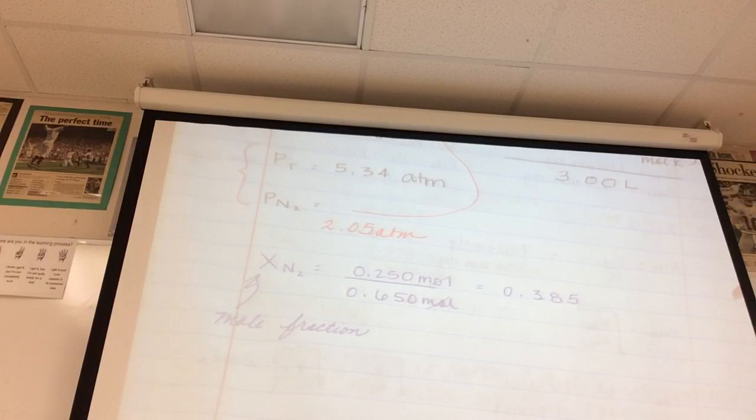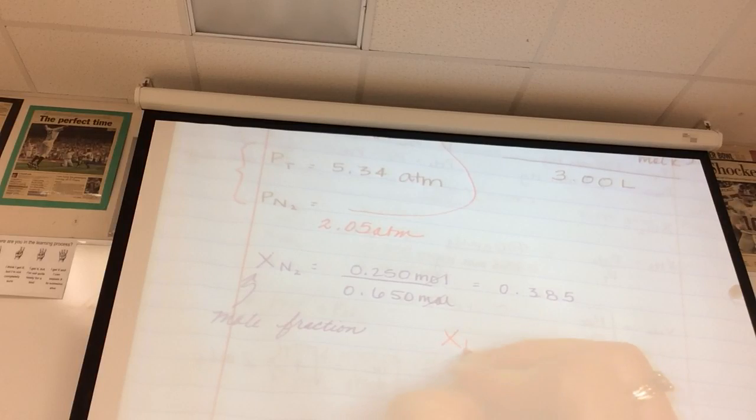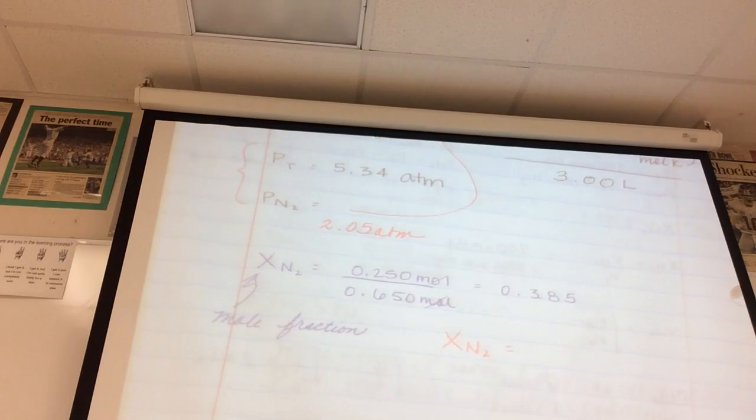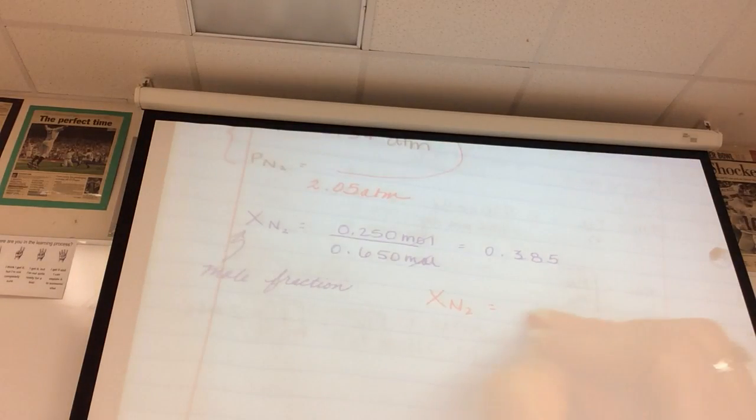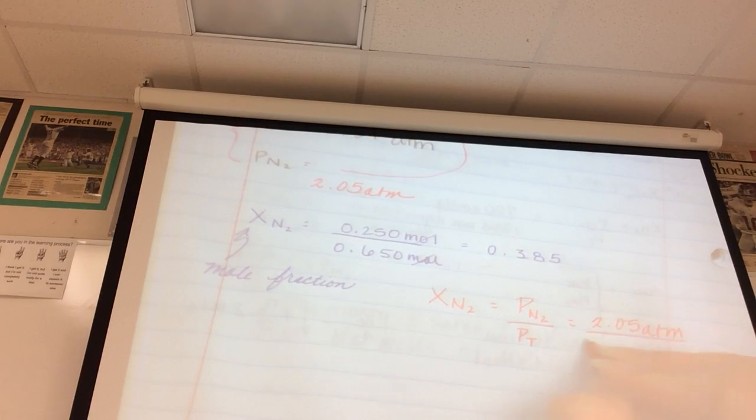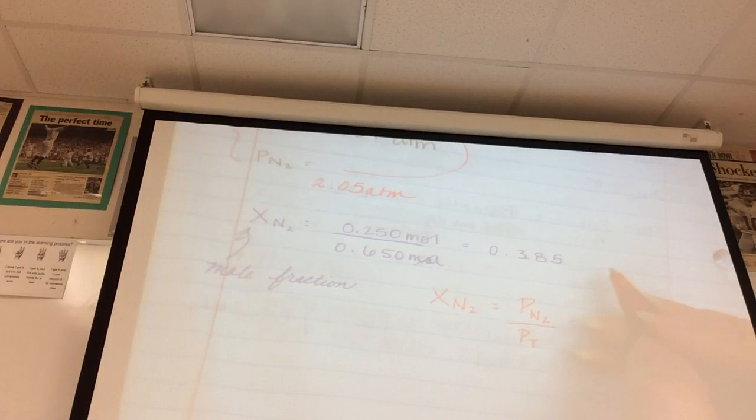All right, but the other way to get mole fraction, and this is the new way, is partial pressure. Let's see if it works. It's slightly different, but close enough.